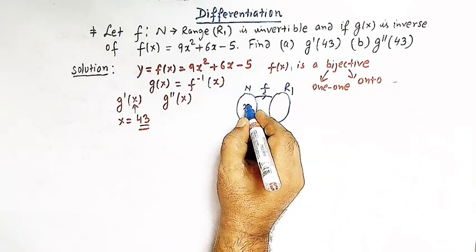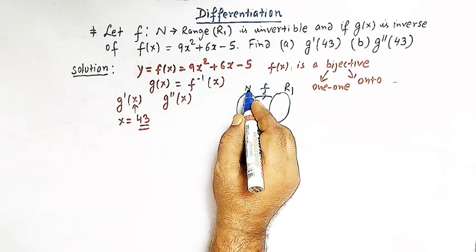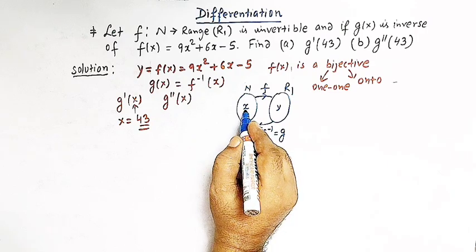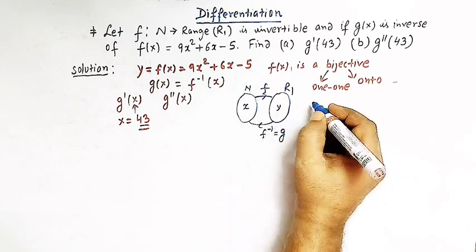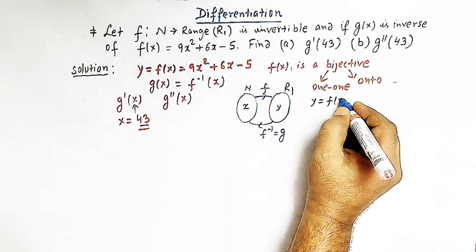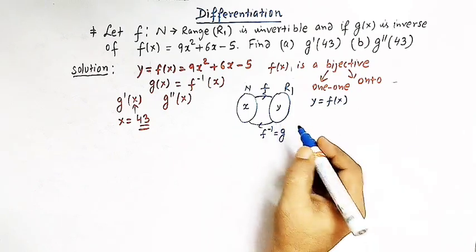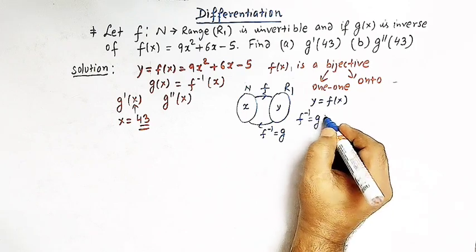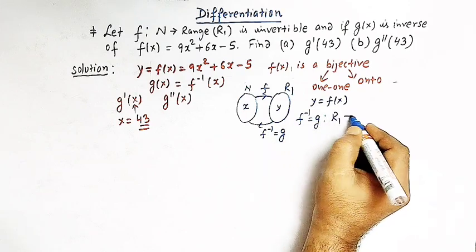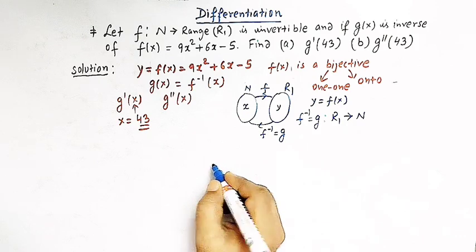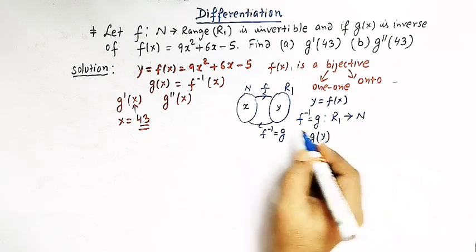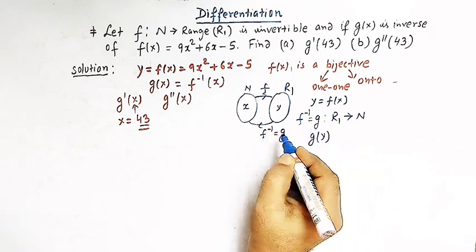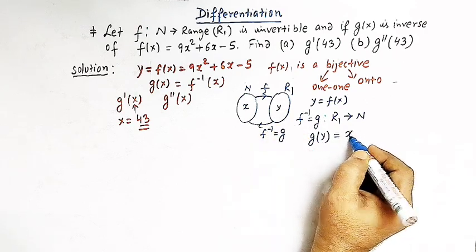When we have x in the set of natural numbers, the image of x under f is y. So we can write y is equal to f of x. When we take the inverse function, that is f inverse, which is equal to g, then g is from R to N. So for g of y, the input is y here, and the image of y under g is x.